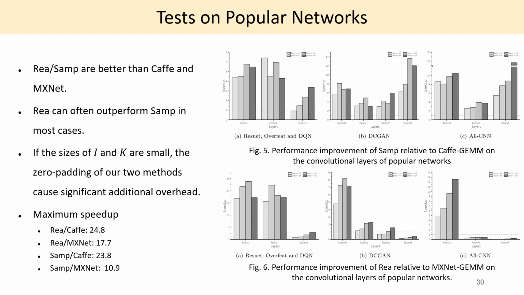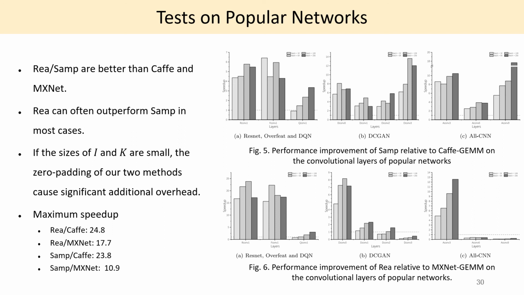In the last part of the evaluation, we test our two implementations on popular networks. The detailed configurations of these layers are discussed in our paper. The experimental results correspond to the previous conclusions, and in most cases, the performance of the arrangement and sampling-based methods is better than two GEMM-based implementations, and the arrangement-based method can often outperform the sampling-based method.